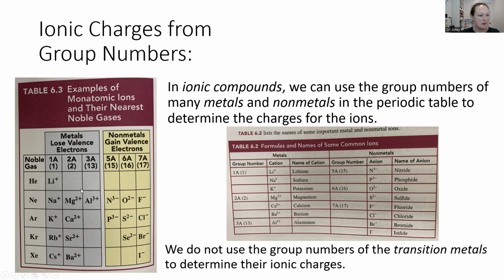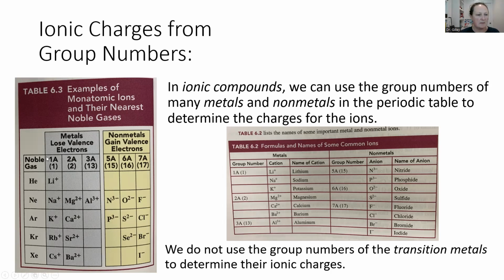And then the most common one in group 3 would be aluminum, which will lose 3 electrons to have a 3+ charge. So these are all metals, and they tend to give up electrons and take on a positive charge. And we can tell what that positive charge will be because the charge will match the group number.